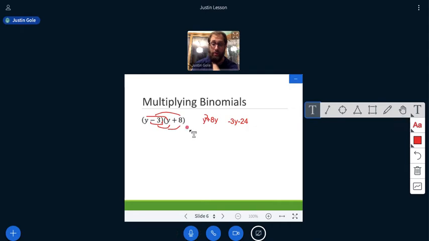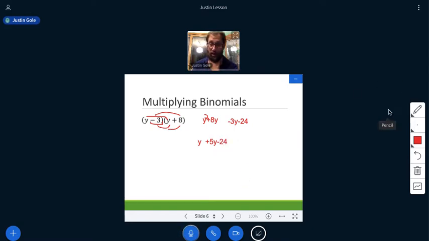So we have y squared plus 8y minus 3y minus 24. So we're going to get y squared plus 5y minus 24. And let me just add my squared. It's hard to write on these things. So y squared plus 5y minus 24.